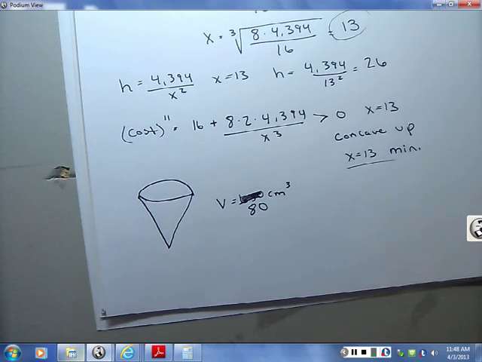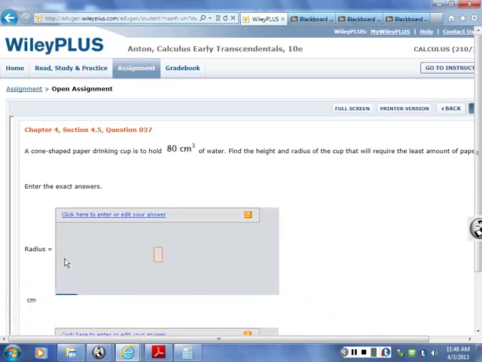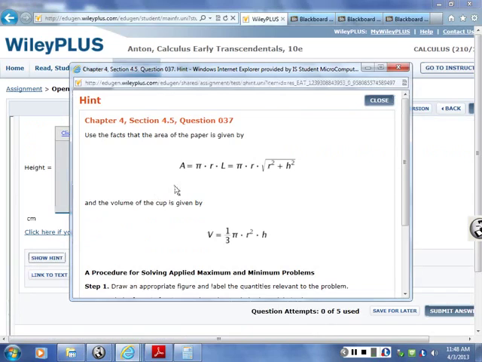Okay, so on this one, look at the hint. I don't expect you to know the area of a cone, because really this is lateral surface area. The area of a cone would include a top, right? So we're focusing on lateral surface area, which is just the area of the piece of paper.